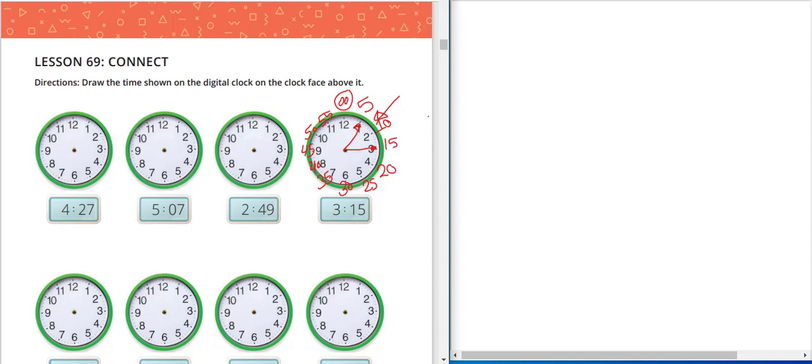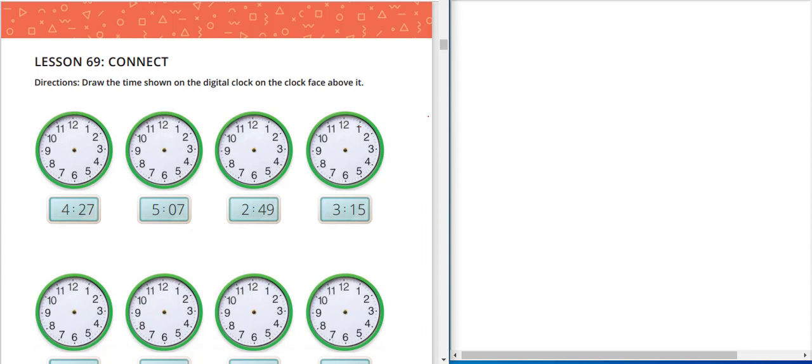So now if he asked me to represent a digital clock on an analog clock, what shall we do? Here we have 27 past 4, 27 minutes and 4 hours. So the minute hand will point to what?